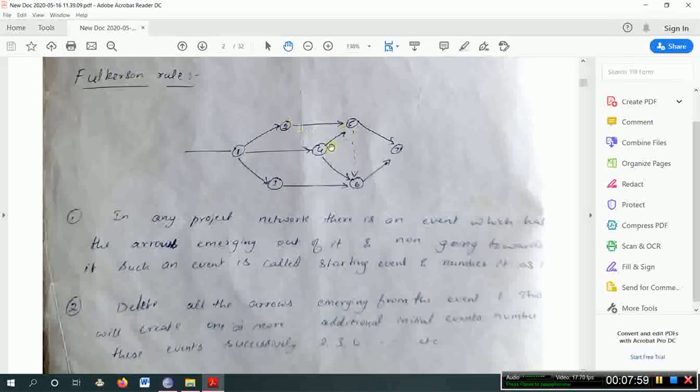Numbering must not be in decreasing order; it must be in increasing order. 1 to 2 is possible, 1 to 3 is possible, 1 to 4 is possible.